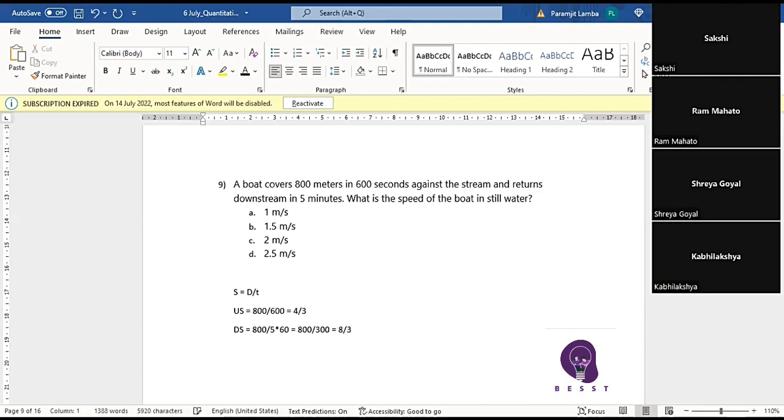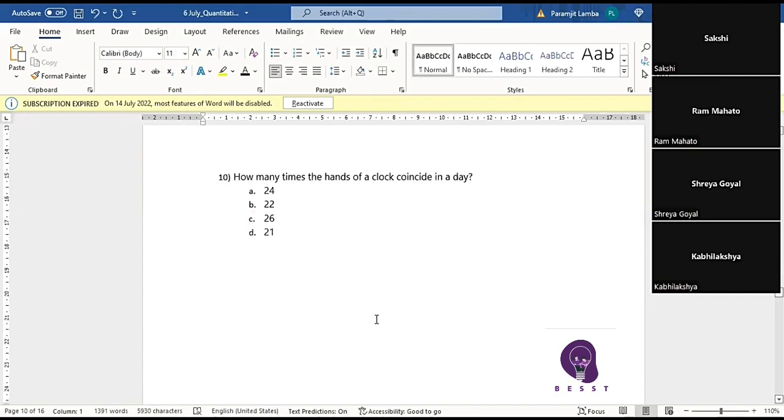Now you have to take out the average. What will the average be? Per second. 4 by 3 plus 8 by 3 divided by 2. Yes, sir. How much? Sir, 12 by 3 divided by 2. Then, sir, it will be 2 meters per second. And this is the right answer.